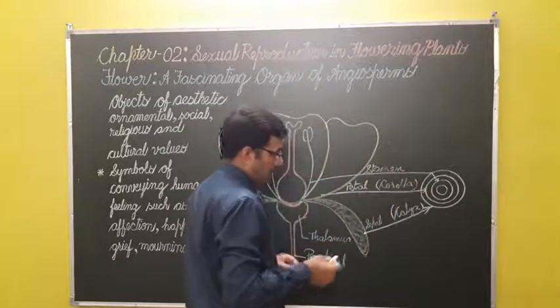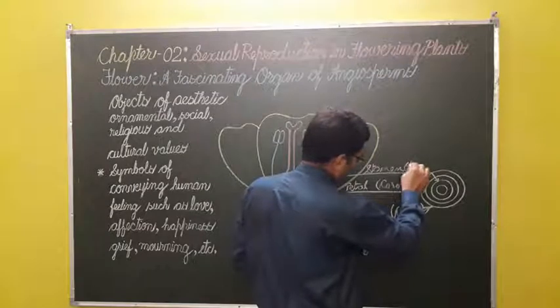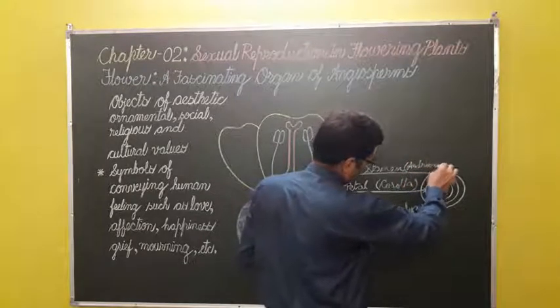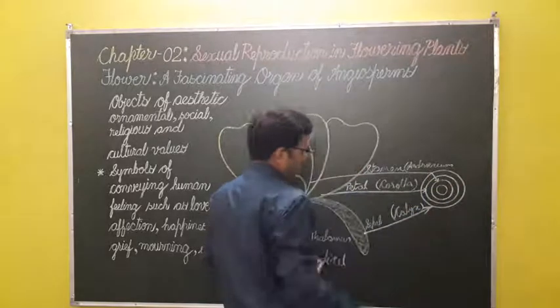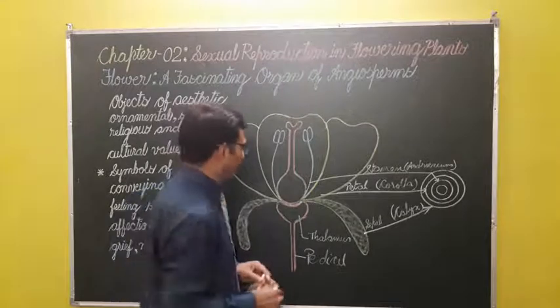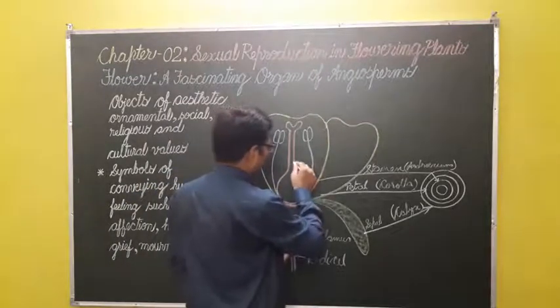Stamen, and collectively what do we call? Androecium. And now the central whorl.